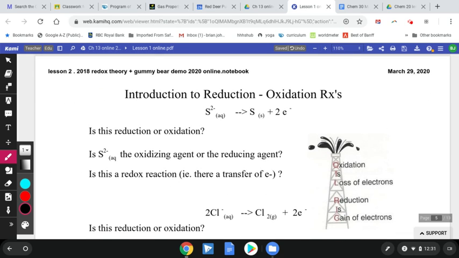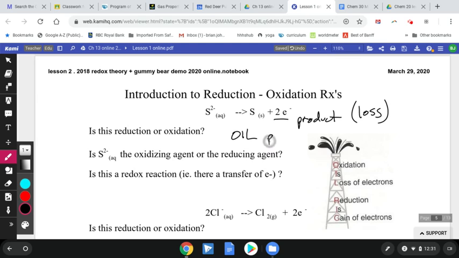Okay, number 3, S2 minus going to sulfur as an element and 2 electrons, and this time they're on the product side. What does that mean? A gain or a loss? Just like energy on the product side, it's a loss. So now we're looking at the mnemonics or the summaries that have an L in them.